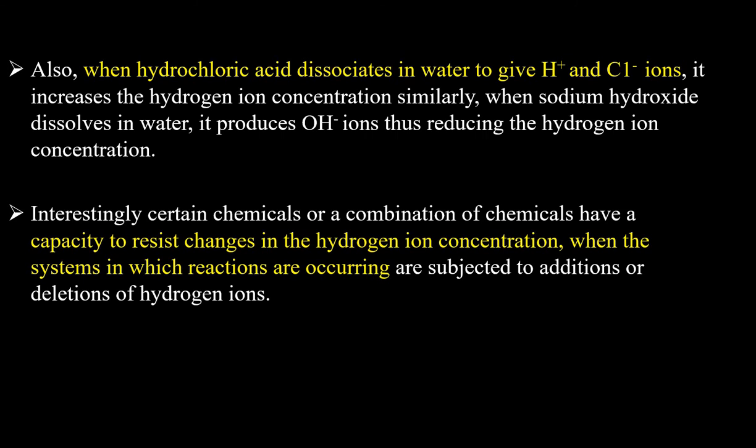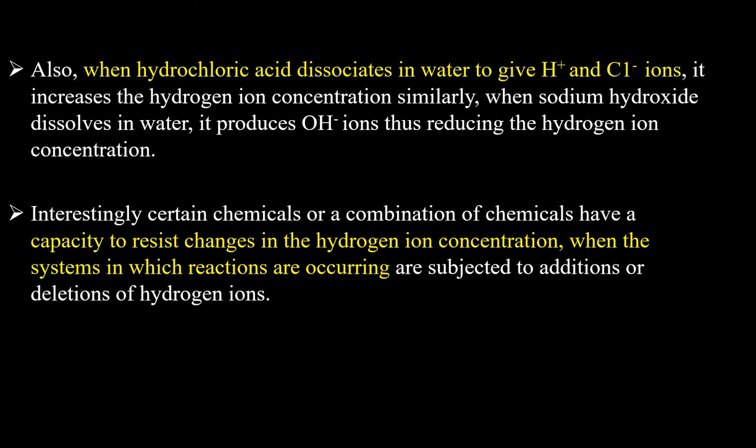Also, when HCl dissociates in water to give H plus and Cl minus ions, it increases the hydrogen ion concentration. Similarly, when sodium hydroxide, NaOH, dissolves in water, it produces OH minus ions and Na plus ions, thus reducing the hydrogen ion concentration.